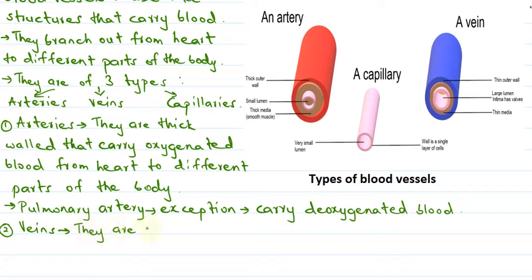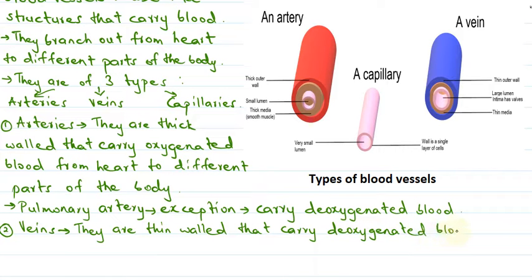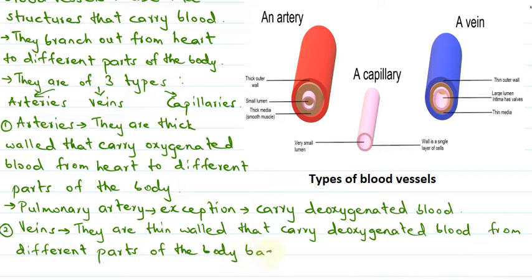They are thin walled blood vessels that carry deoxygenated blood or impure blood from different parts of the body back to the heart.